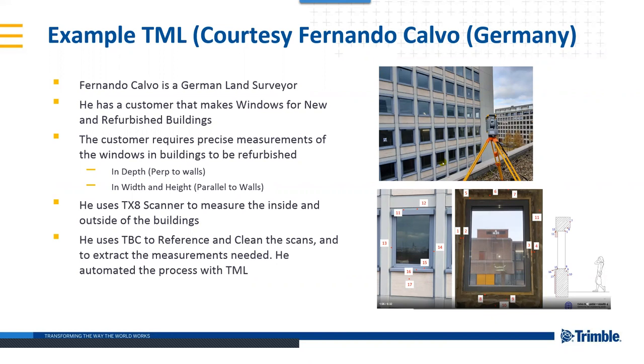And the window manufacturer needs a set of very specific measurements about the window opening and the window depth and the sill height and, you know, the actual opening in the wall for the window itself. And he has to measure a series of things on the face of the wall, on the outside and the inside to calculate all these values.